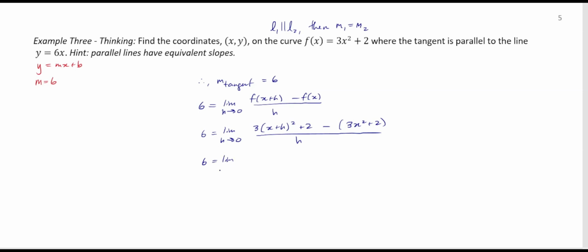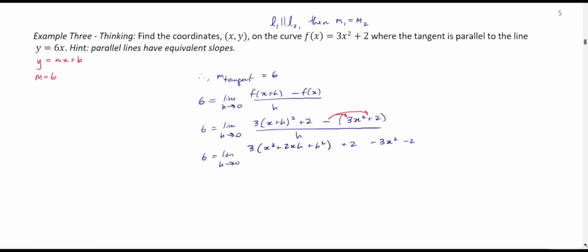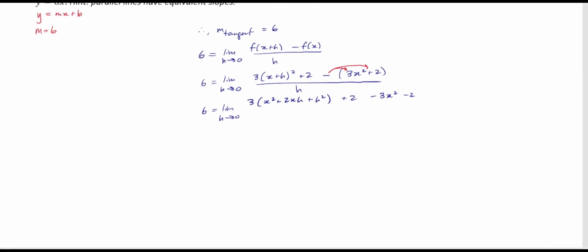6 is equal to the limit as h approaches 0 of 3, expanding this out, plus 2 minus 3x squared minus 2. Again, that is a result of distributing the negative 1 coefficient into that binomial, all over h.